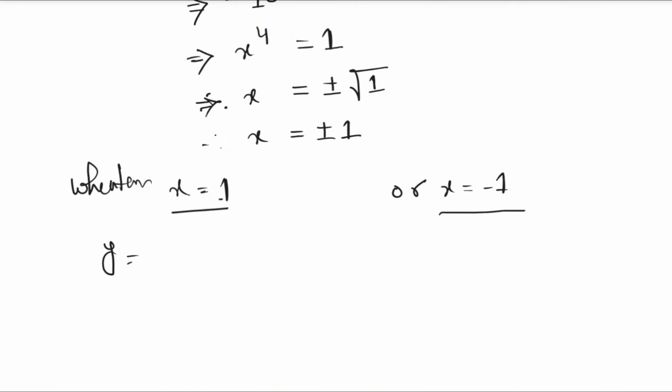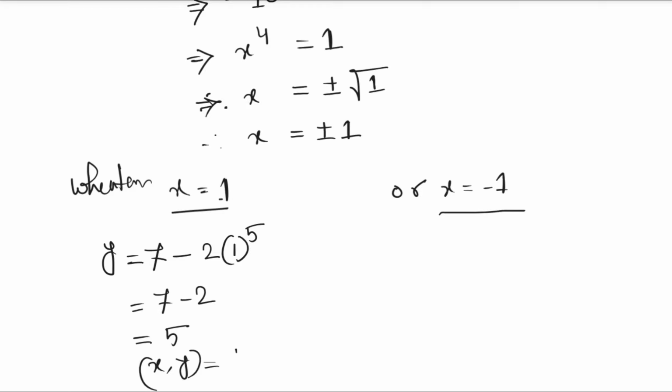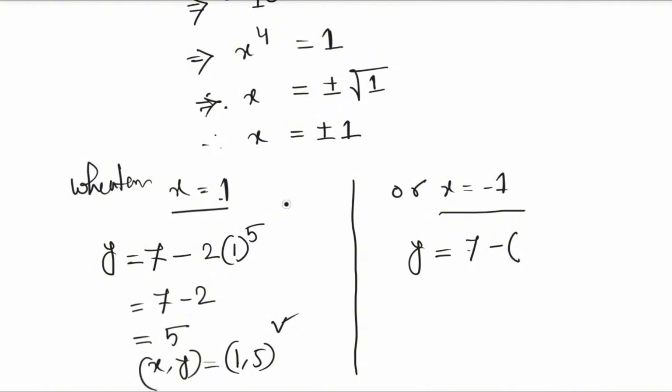So y is equal to 7 minus 2, with x is equal to 1 to the power 5. So here 7 minus 2, we have the value of y is 5. So the point will be (x, y) is equal to (1, 5). We already know this value, right? Now verify the other value as well. y is equal to 7 minus 2 times x to the power 5, with x is equal to minus 1.